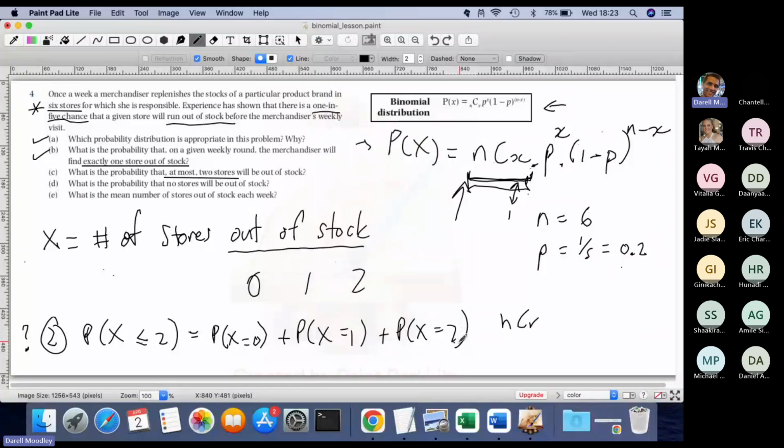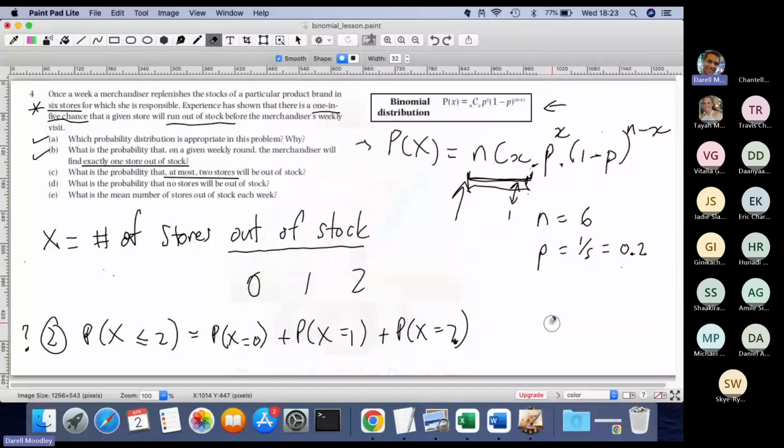You'd have to work out each of these 3 probabilities and then add them up, and that's your answer. That's pretty much it. It's just a little bit more work than what we did in the previous question, but it's the same approach. Each of them you solve by using this formula here. It's just that when you're working on this probability, you're going to put 0 in place of X, but everything else is the same.